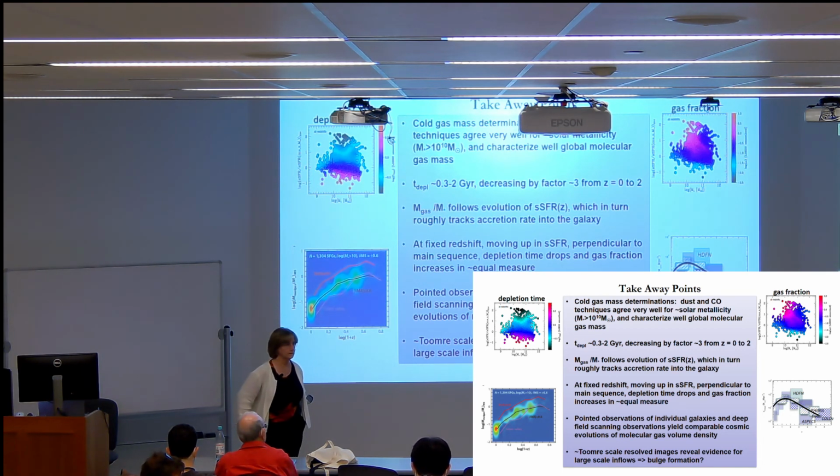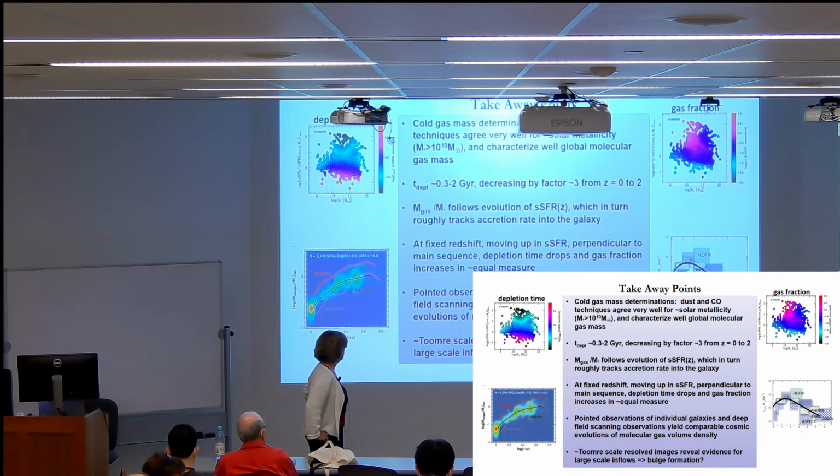Hello. Thank you very much for the talk. Regarding your last point, have you looked for any correlation between the magnitude of the inflow and the bulge size or the bulge mass? The correlation may not be the obvious thing, but Reinhardt, maybe you know the answer, since you've looked at this more on the current bulge size and the inflow rates.